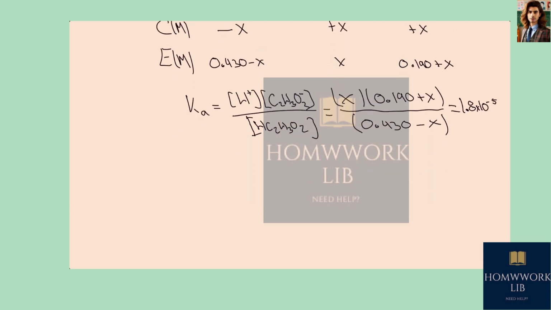Now, since the Ka is 1.8 times 10 to the minus 5, we know that we are going to have a small amount of dissociation, so we are expecting that X is small. How small?